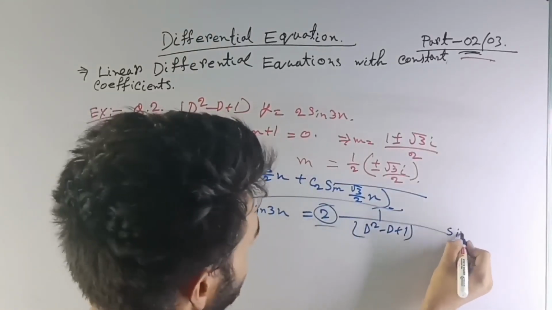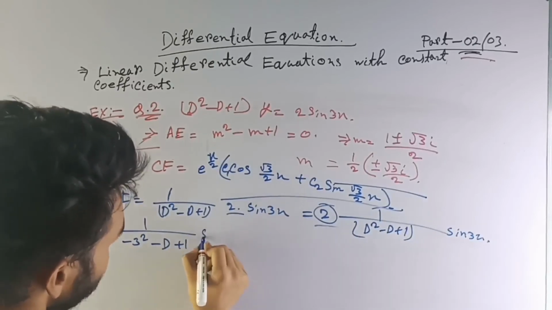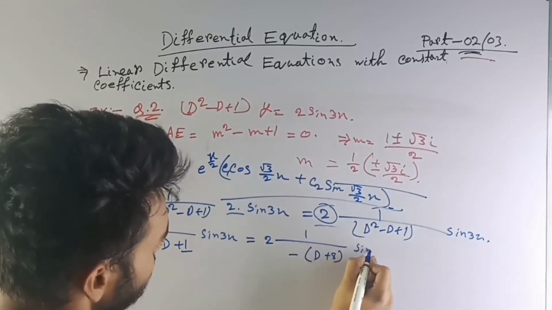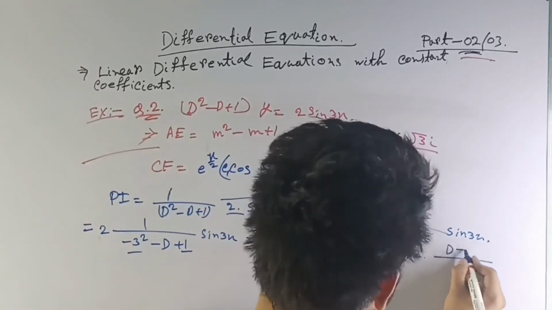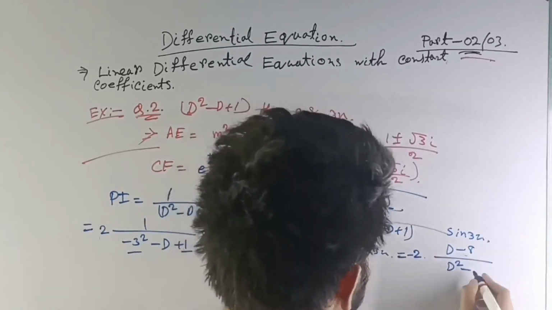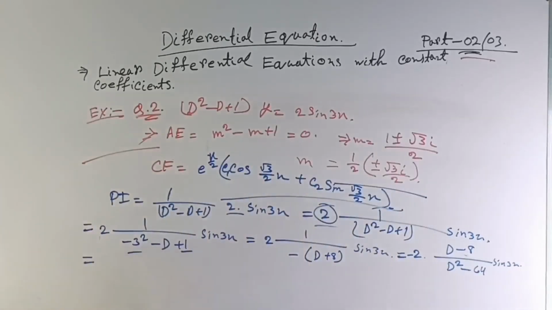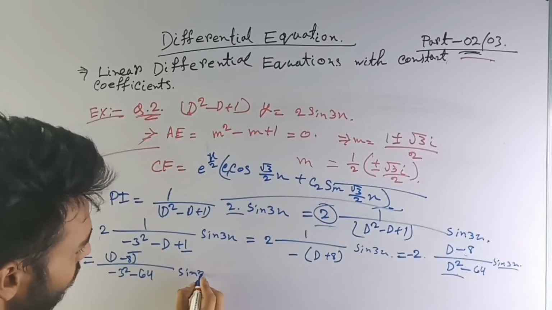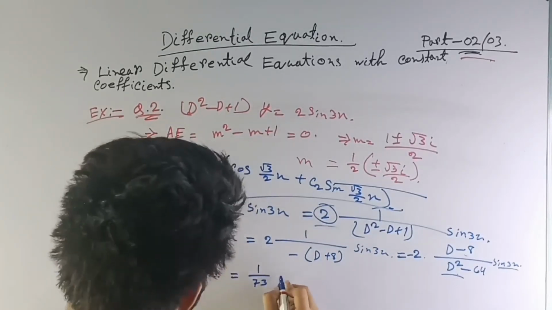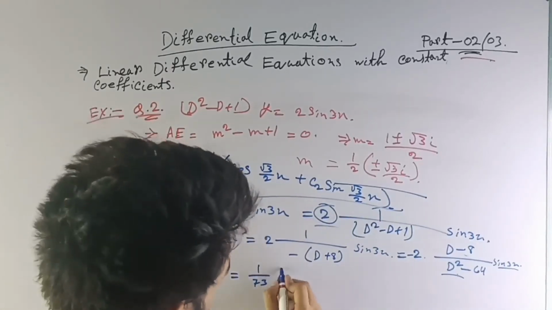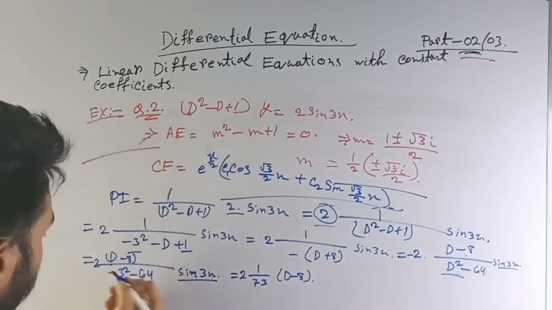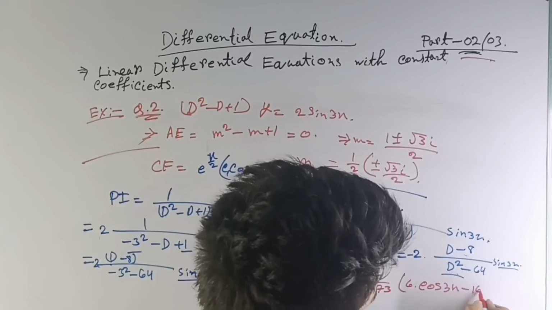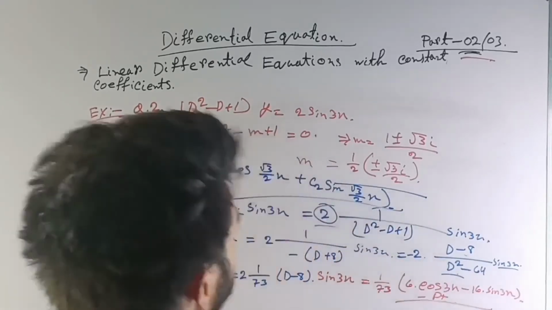Now 1 by (D² − D + 1) of cos 3x means replacing D² with −9, giving (−D − 8)... so 2 times 1 by (−D − 8), that is minus 2 times (D − 8) by (D² − 64), applied to cos 3x. Putting D² = −9 gives (D − 8) over (−9 − 64), which is 1 by 73 of (D − 8) cos 3x, times 2. So the PI is 1 by 73 times (6 sin 3x − 16 cos 3x).